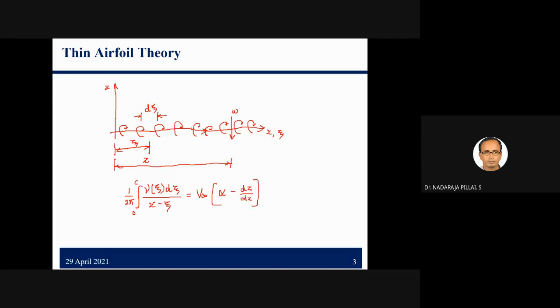We already know that alpha is the angle of attack and dz by dx is the slope of the camber line, and 0 to c is the chord. We arrived at this equation in the last class, and we discussed that when dz by dx is equal to 0, then it is a symmetrical airfoil.